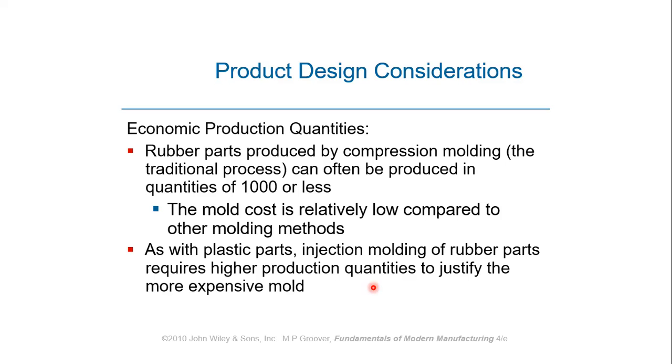But in the case of injection molding, the rubber parts require high production quantities because of the expensive molds. The molds used for injection molding are expensive, and also the injection molding machine is expensive, and that is why mass production is required to justify the cost of manufacturing rubber products.